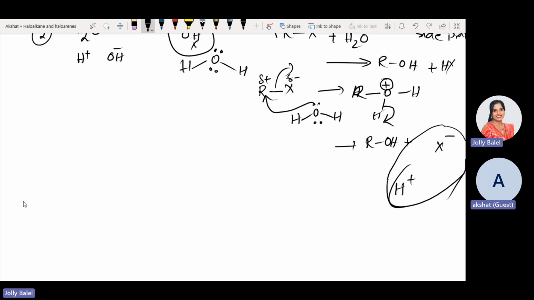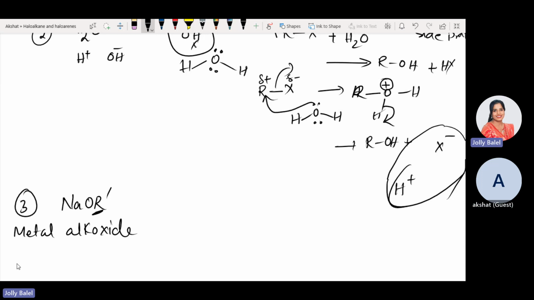Let's move to the third nucleophile, NaOR dash. It is known as sodium alkoxide. An alkyl group R is there with oxygen, so it is known as sodium alkoxide. So tell me, what will be the nucleophile?